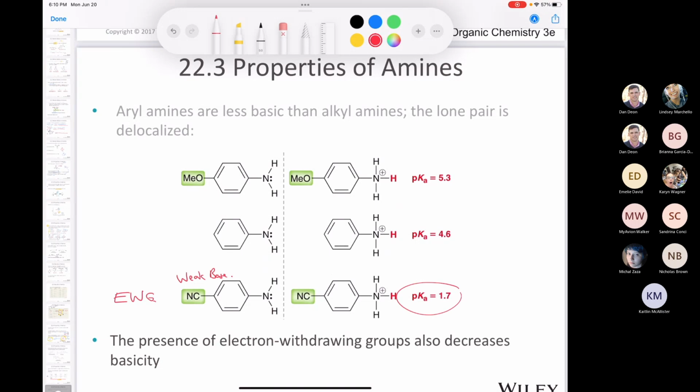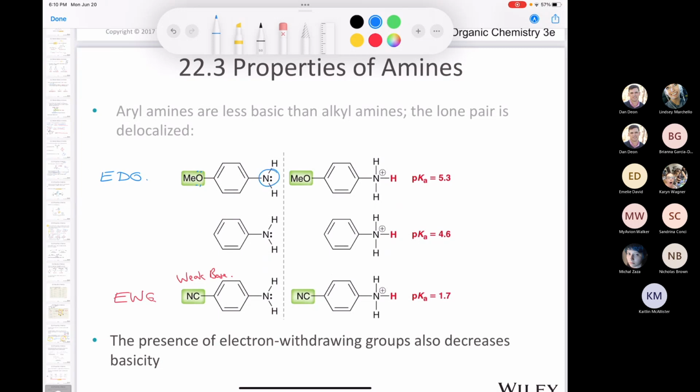If you compare the pKa of this conjugate acid to this one, we see there's a dramatic effect. Why is it? Because here we have a methoxy group, which is an electron donating group, right? It can donate electrons through resonance. I'll spare you me drawing everything, but this is an electron donating group. That means that this lone pair is more available.